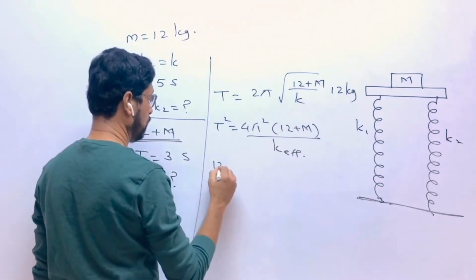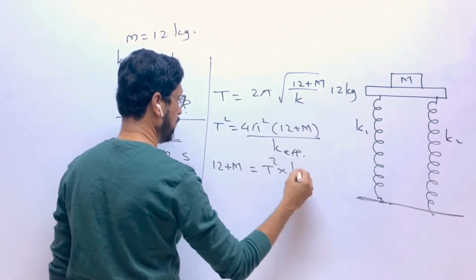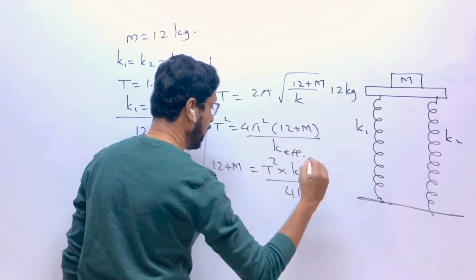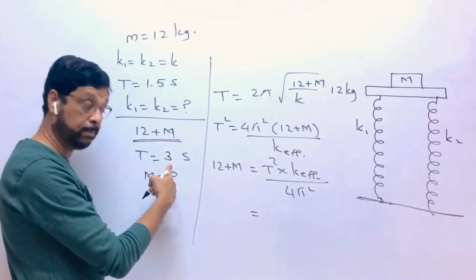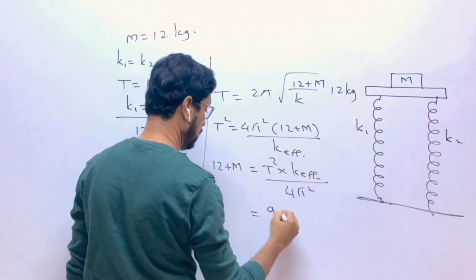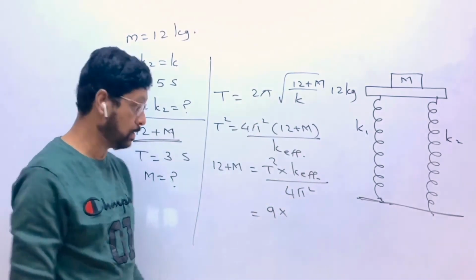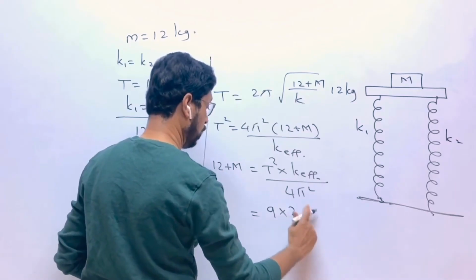So 12 plus M is equal to 2T square into K effective upon 4 pi square. T is now 3 seconds. So 3 square is 9, into effective force constant, approximately 213 or 212.